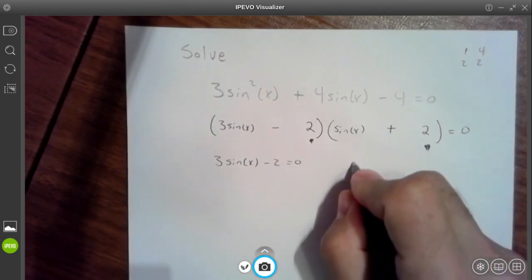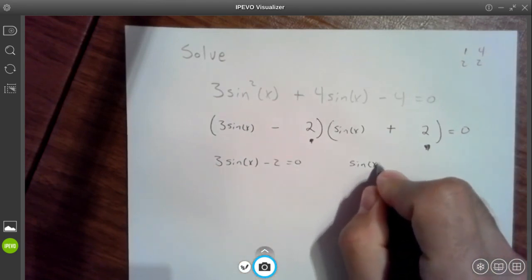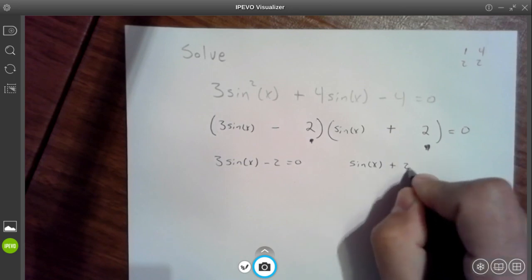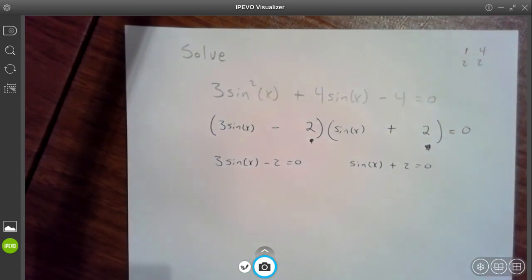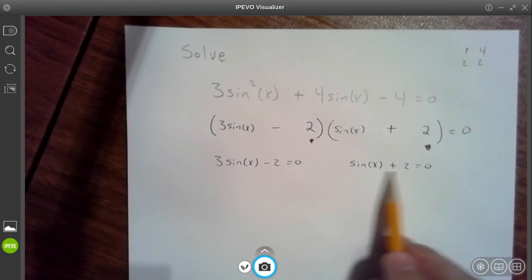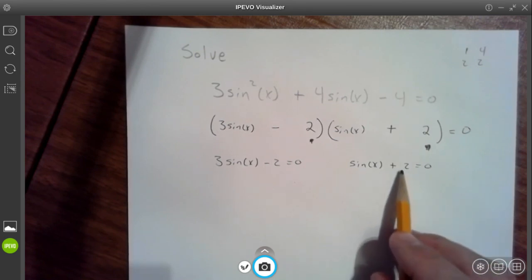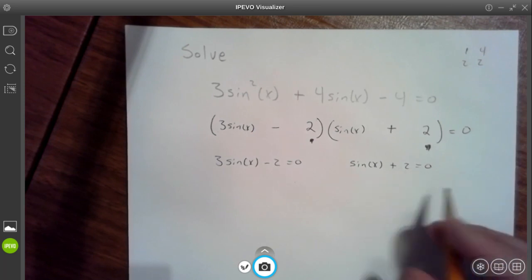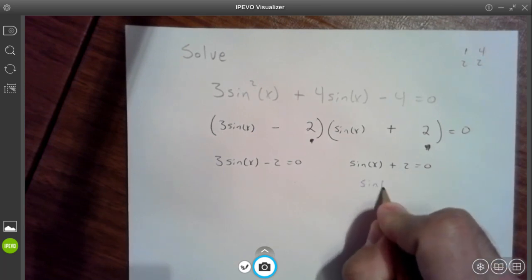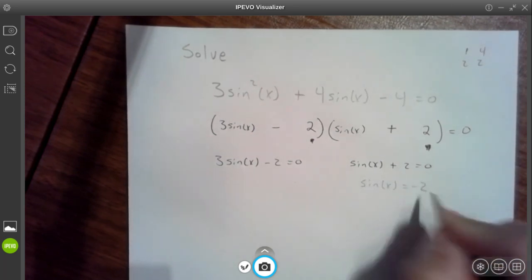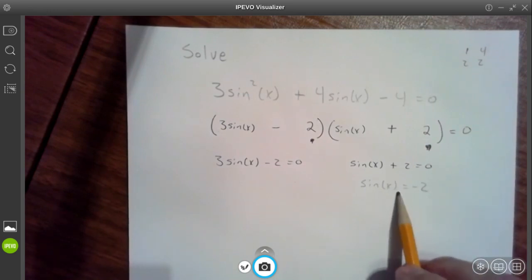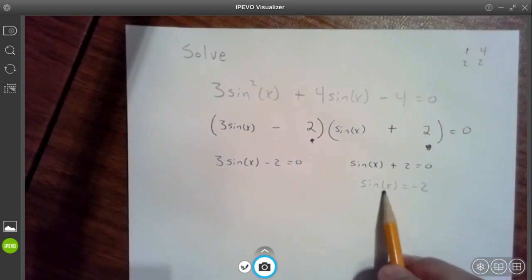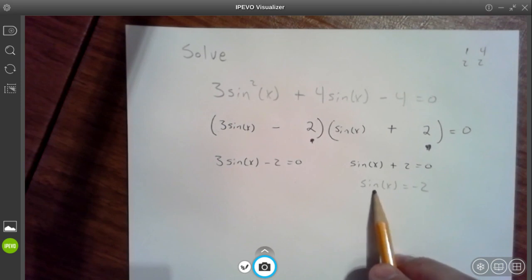So I'm going to set this factor, 3 sine of x minus 2, equal to 0, and I'm going to set this factor, sine x plus 2, equal to 0. This is the reason that this problem is a little bit different. We're going to wind up with an extraneous solution here. When we move this 2 over to the other side, this is not solvable because remember, sine of x is always between -1 and 1.